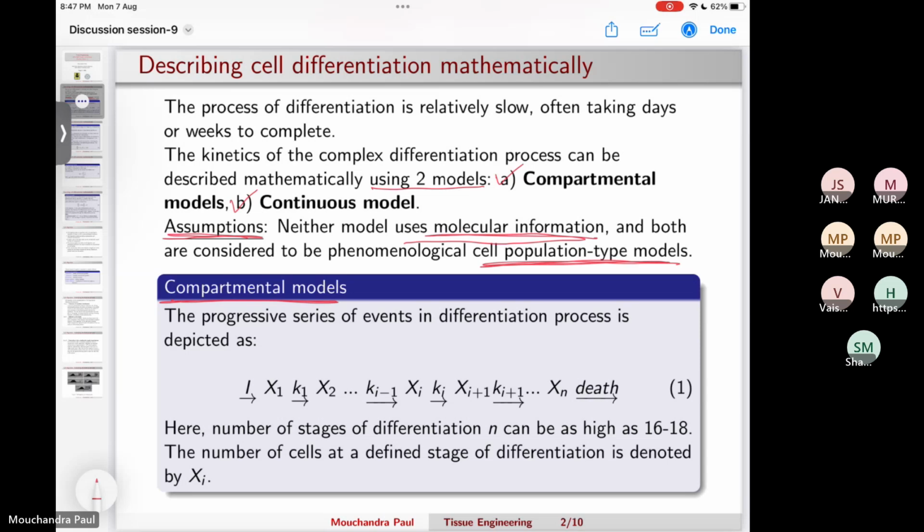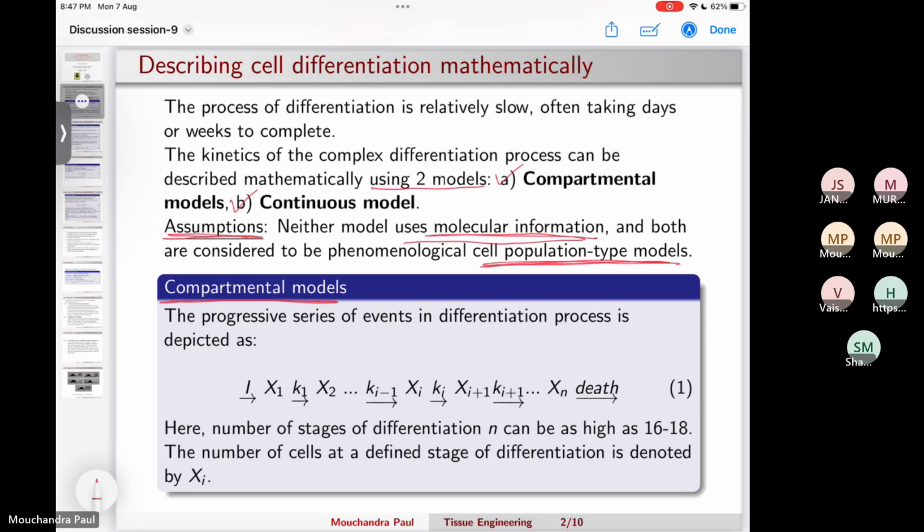So the first model is the compartmental model. The differentiation process is divided into stages, or you can say discrete compartments. Each compartment represents one stage in differentiation.